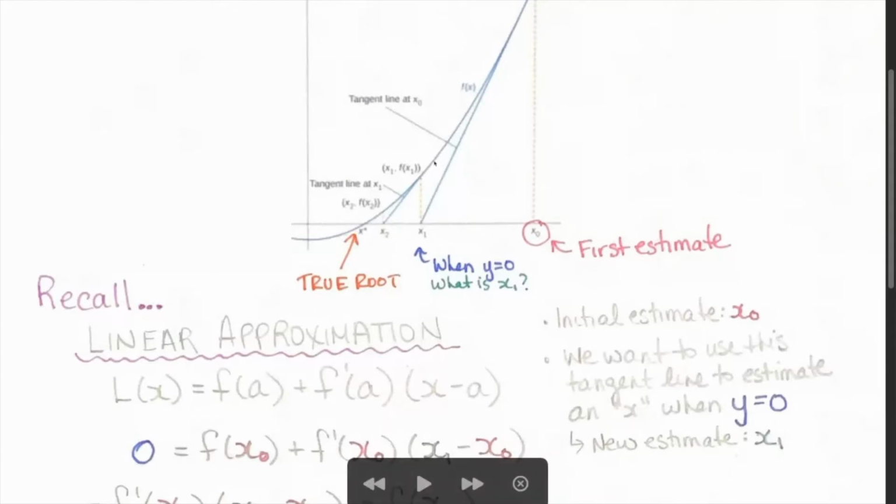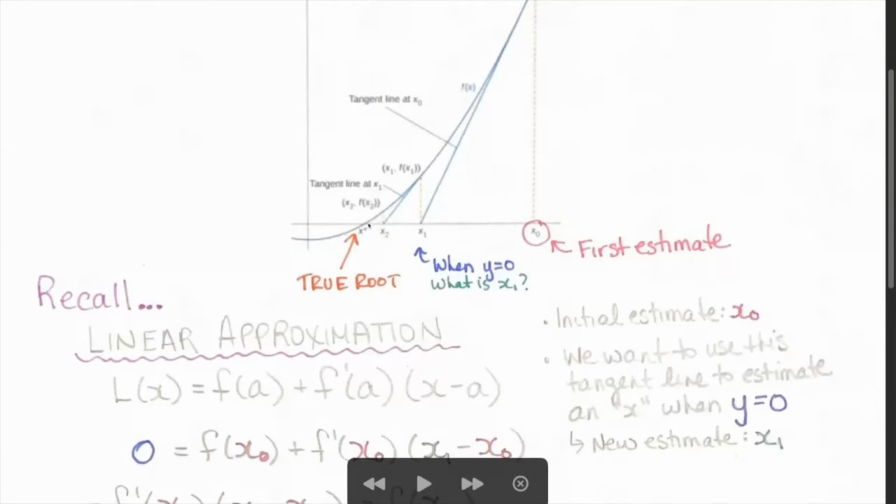I'm going to use my linear approximation to come up with a tangent through that point. And I'm going to set that tangent or linear approximation equal to 0 once again to figure out the x value that occurs when y is equal to 0. And you can see then that this x value here is going to be an even better estimate than this x value was here.